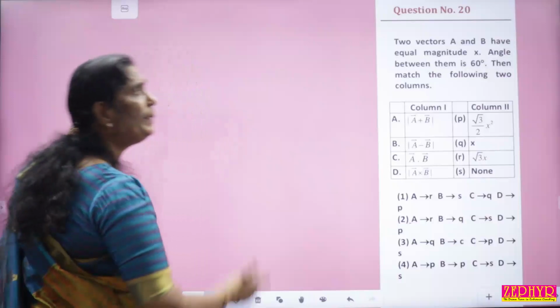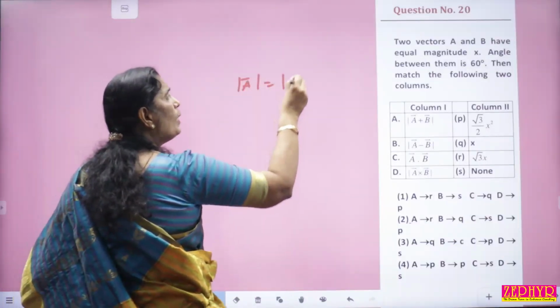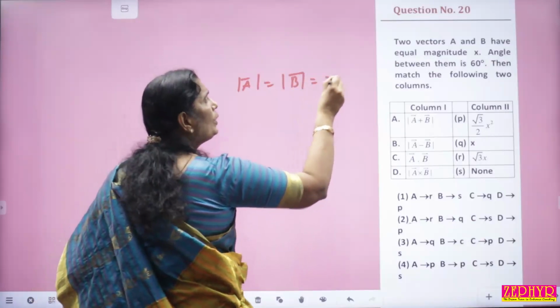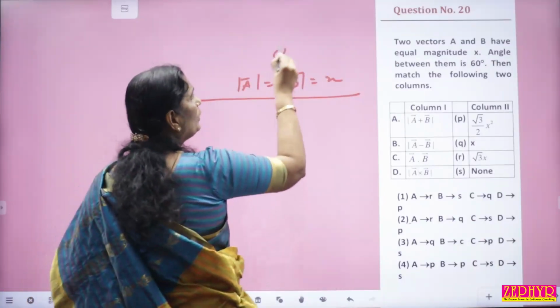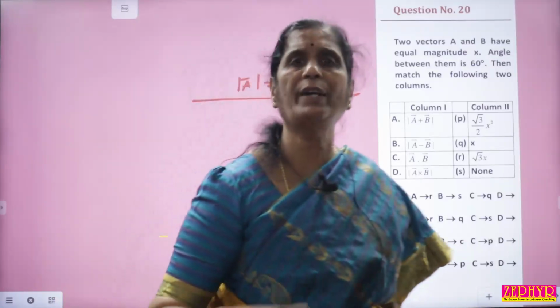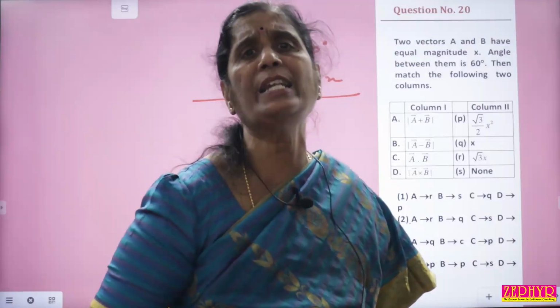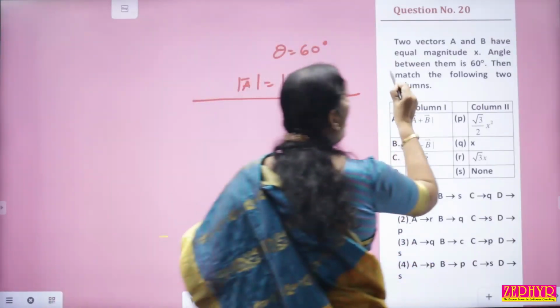Now coming to the next one. 2 vectors A and B are of equal magnitude: modulus of A is the same as modulus of B, each equal to X. The angle between the vectors is given as 60. For addition we want the angle, for subtraction we want the angle, for multiplication we want the angle, for everything we want the angle. That's why they gave a common angle.